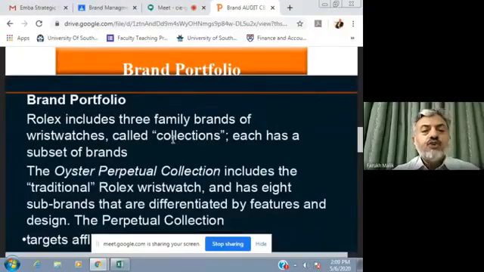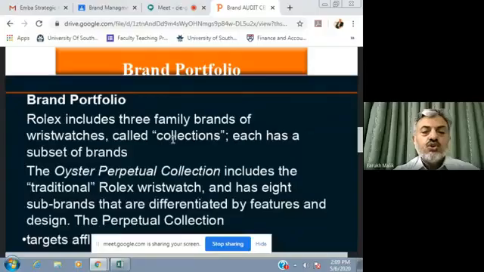Brand portfolio. You look at the brand portfolio and how many sub brands it has. Rolex includes 3 family brands of wristwatches called collections, and within those brand families, they have sub brands, right?